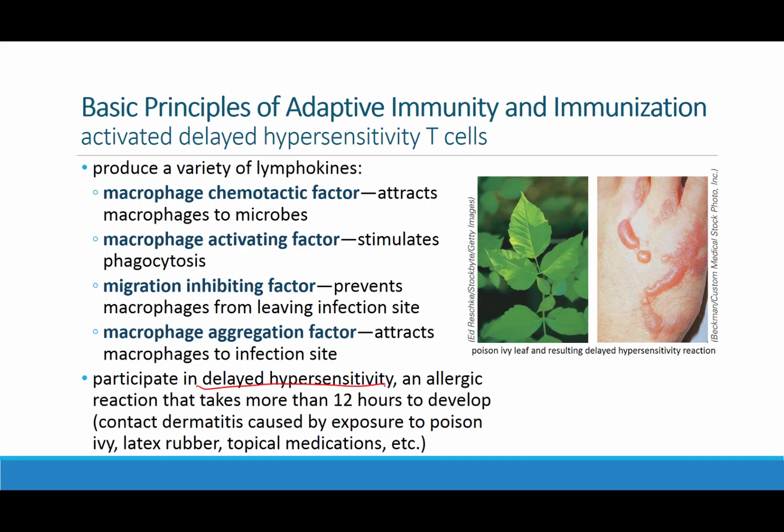Delayed hypersensitivity is an allergic reaction, and it's delayed because it doesn't happen immediately. You don't get this rapid emergency or allergic reaction. Instead, it takes a while to develop. And poison ivy is an example of a delayed hypersensitivity reaction.